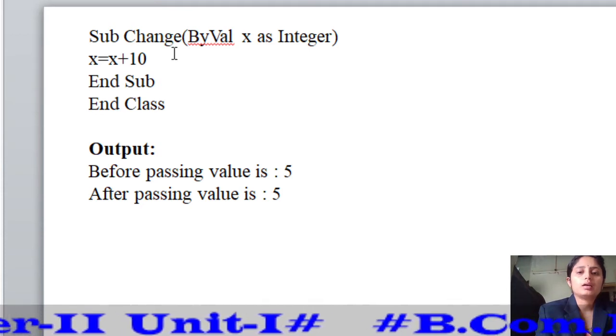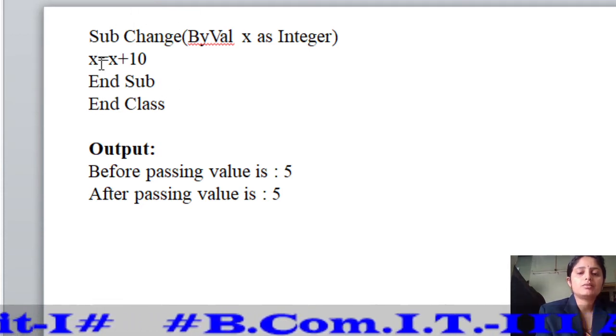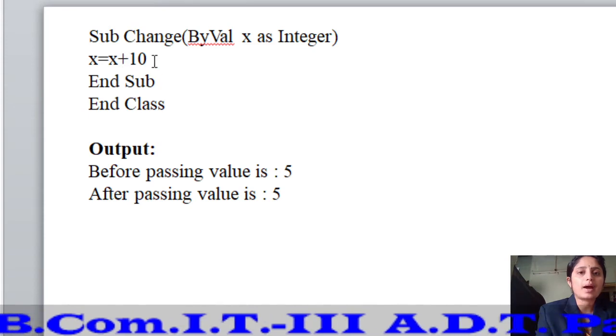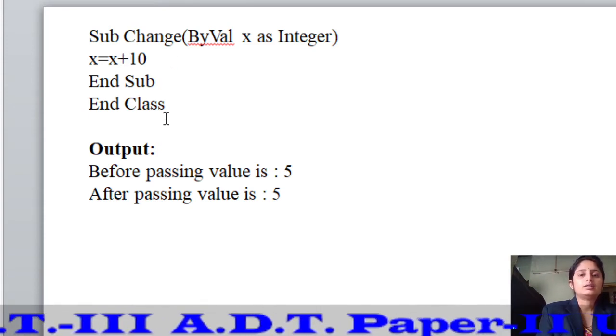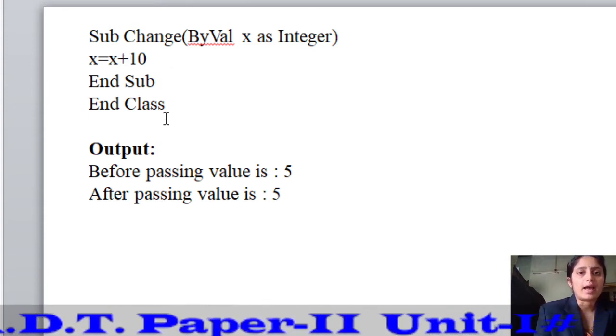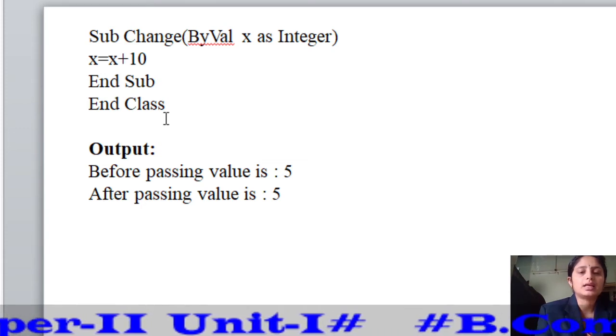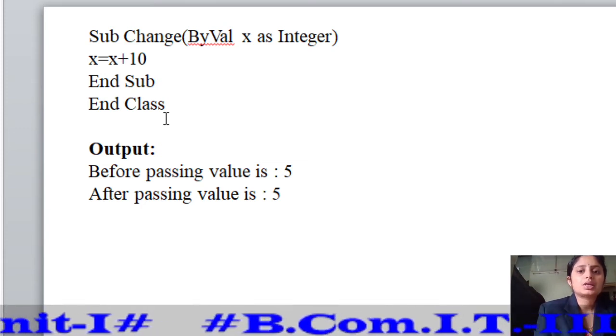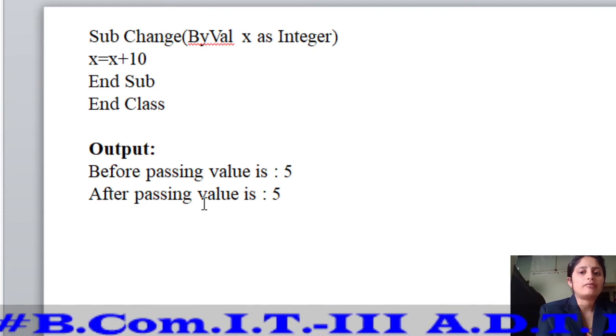In this procedure, the value of x is increased by 10, but this is an example of call by value, and in this example there are no changes between before passing value and after passing value.